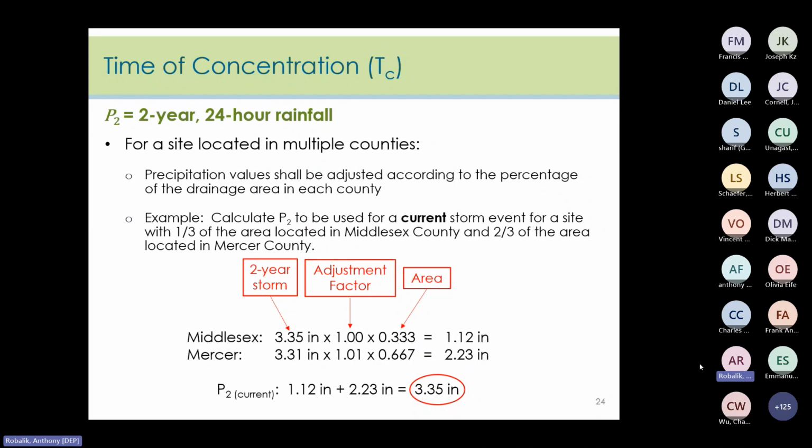So then our final step is to perform the area weighted average. Since we have a third of the site located in Middlesex County, we would multiply that adjusted rainfall depth by 1/3. And we would do something similar for Mercer County, multiplying that adjusted rainfall depth by 2/3. And then summing those values together, we would get a final P2 value for current storm events of 3.35 inches.